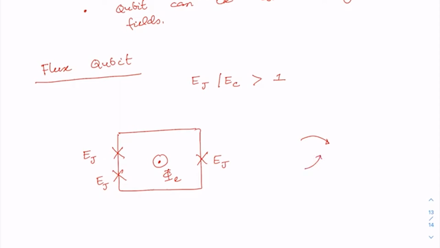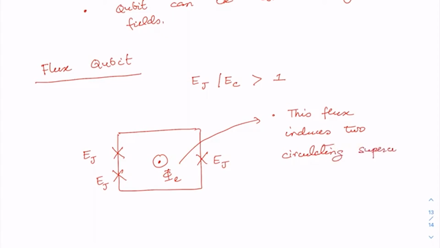These two supercurrent states, either clockwise or anti-clockwise, are going to define the qubit.